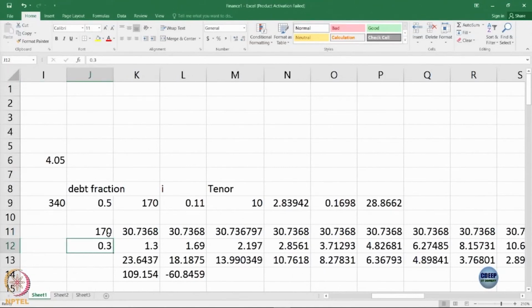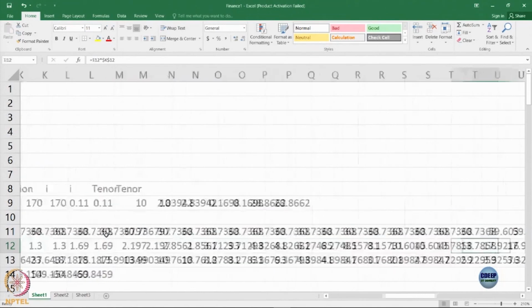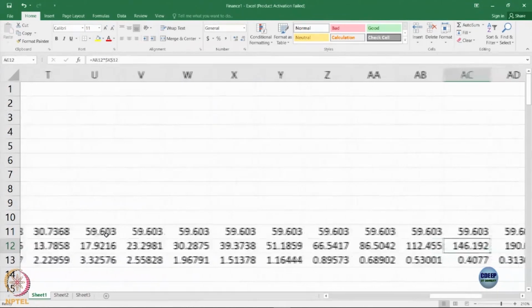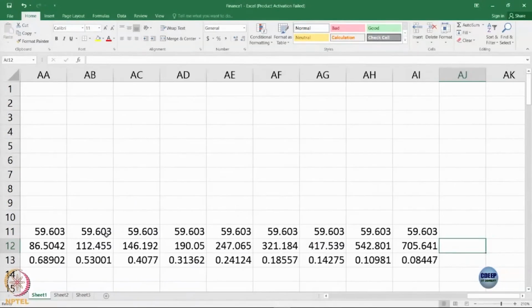So, let us say if we take 30%, 0.3, then in the first year we will just divide by 1 plus r, which is 1.3, second year 1.3 squared, 1 plus r squared, 1 plus r cubed, and so on, and in the last year, this will be 1 plus r raised to 25.